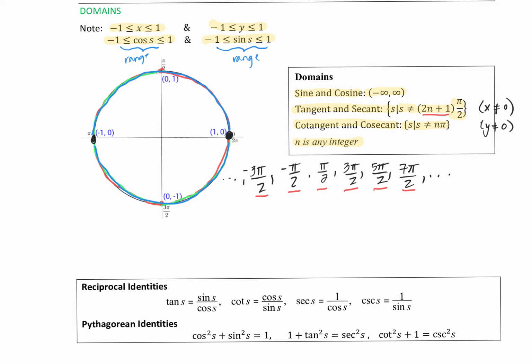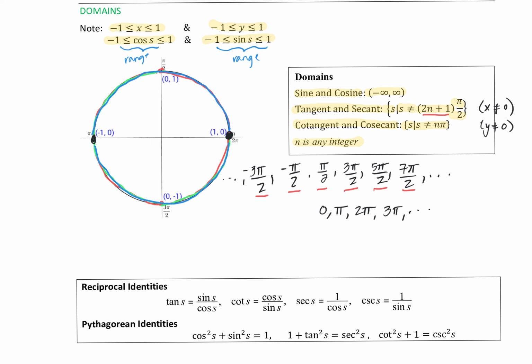So all these distances of pi, all these multiples of pi, correspond to points where the y value is 0. For example, if we're at 0, we can't use that, and this is the arc length of 0. If we're at an arc length of pi, can't use that because the y value is 0. And then 2 pi, if I go around another pi, I'm at 3 pi.